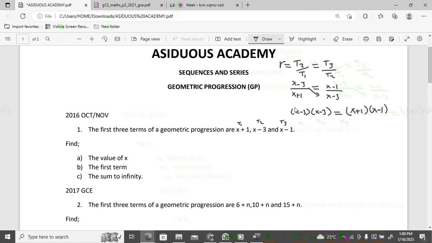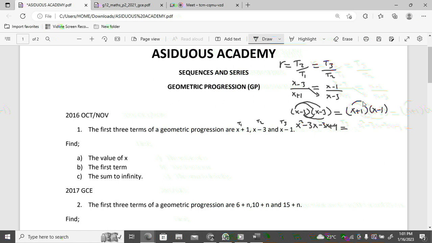If you do the multiplication, x minus 3 times x minus 3: x times x is x squared, x times negative 3 is negative 3x, negative 3 times x is negative 3x, and negative 3 times negative 3 is positive 9.